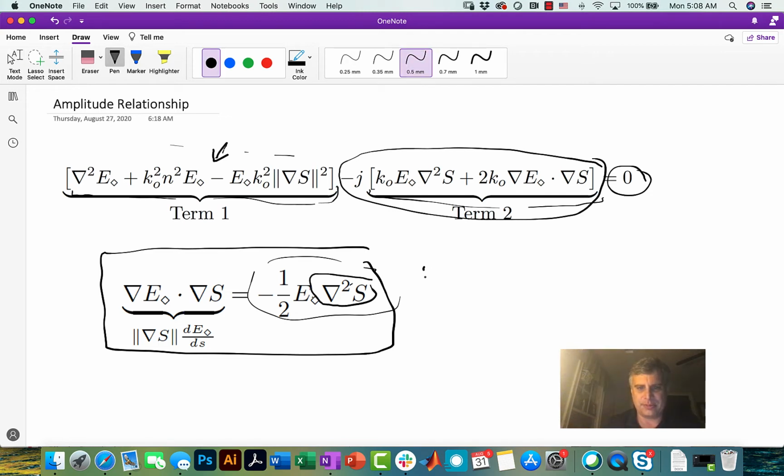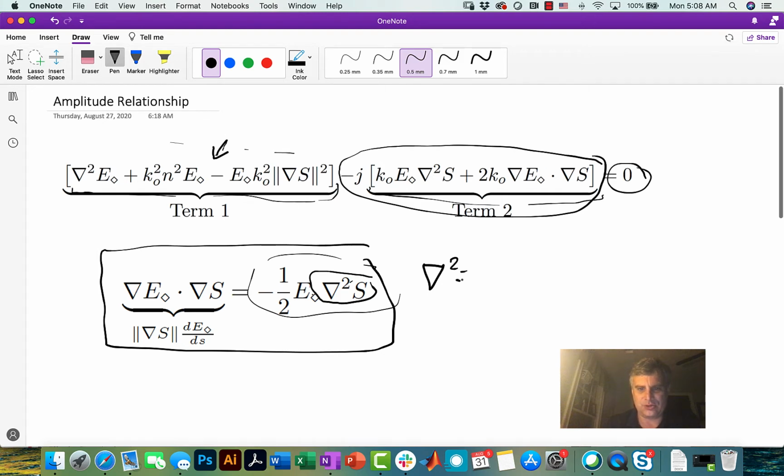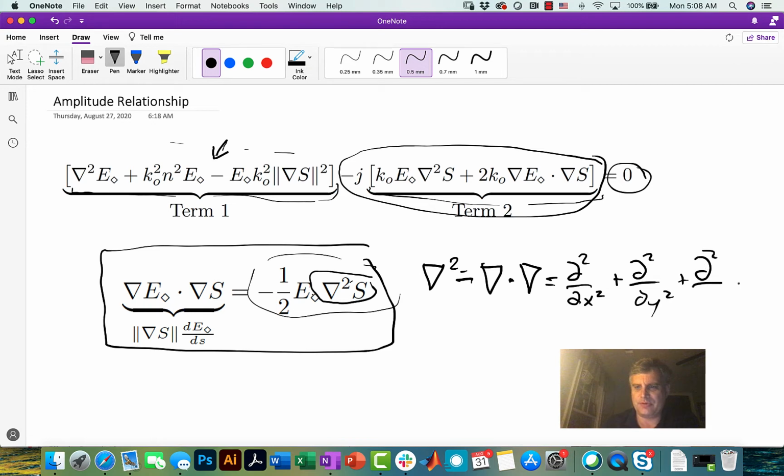We'll call that the Laplacian, at least in Cartesian coordinates, is really just the divergence of the gradient, which is like multiplying by the second partial derivative with respect to x, plus the second partial derivative with respect to y, plus the second partial derivative with respect to z.